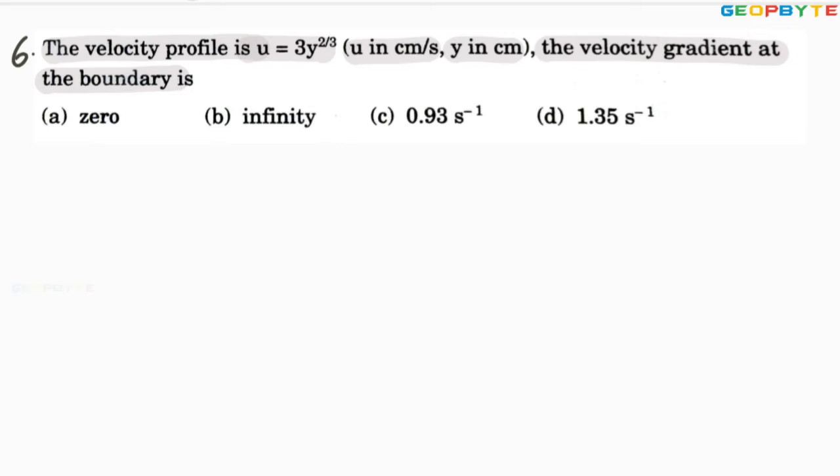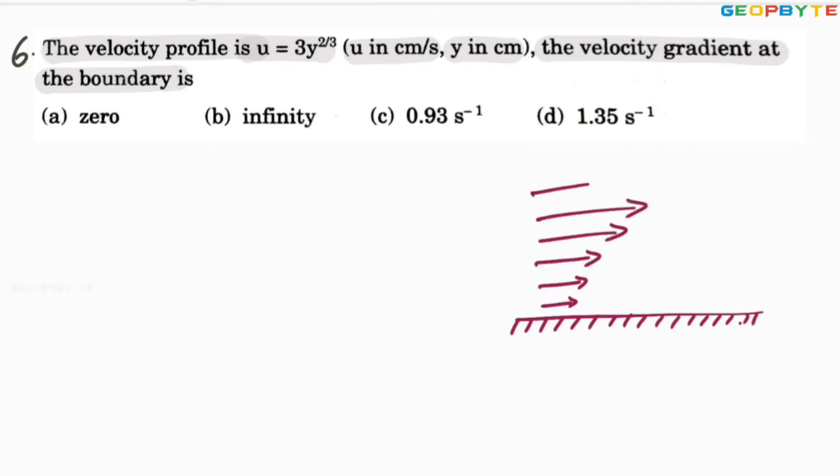It is like this. This is the surface on which the fluid is flowing, like this. The fluid layers are traveling with different velocities. This solid surface itself is called the boundary.